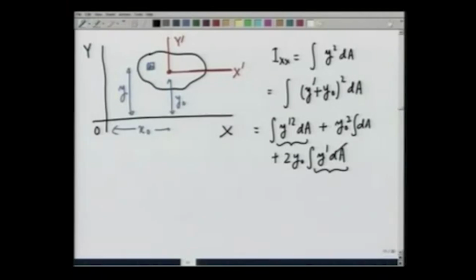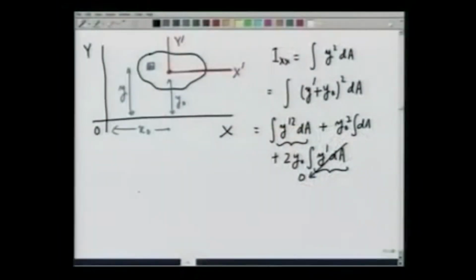So, this is going to be 0. If I calculate the centroid with the origin at the centroid, the coordinates of the centroid are going to come to 0, and therefore, I see that Ixx is equal to integral y prime square dA, that is Ix prime x prime, plus y0 square times the entire area.